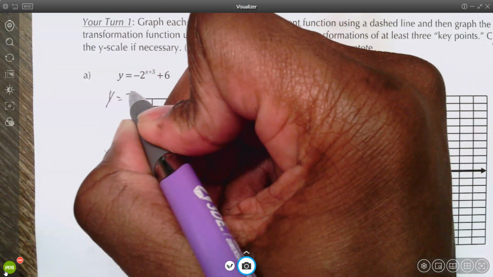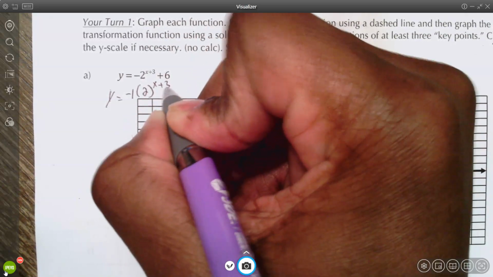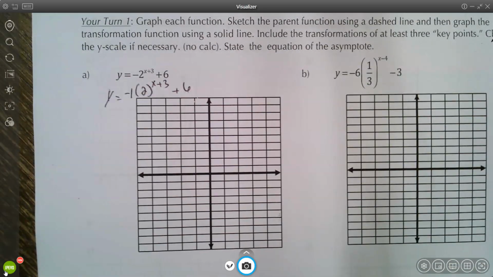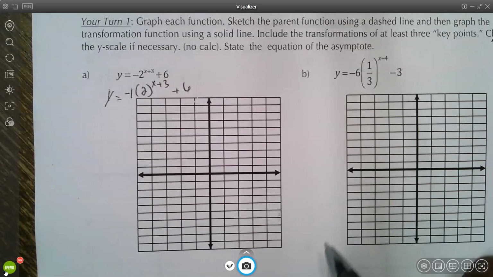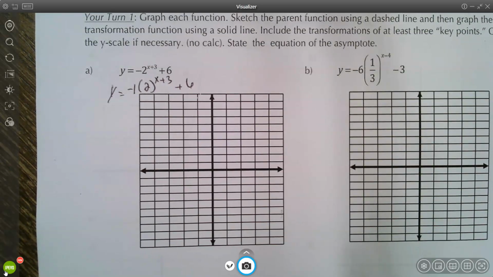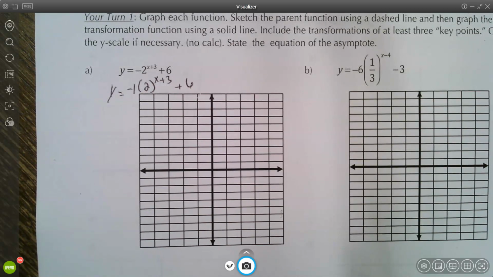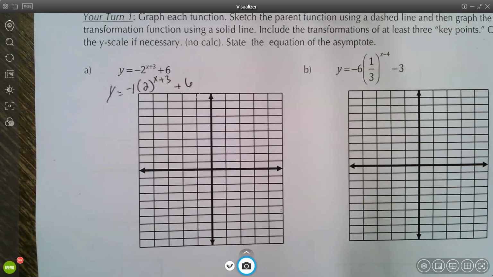This is really -1 times (2 raised to the x plus 3), plus 6. So if there's a negative sign like this, that means that your a value is -1. So right now, you can actually graph it if you follow the steps. Decide the horizontal asymptote, and then decide whether you choose 0 and 1 or 0 and -1 to graph the line. So do that now.